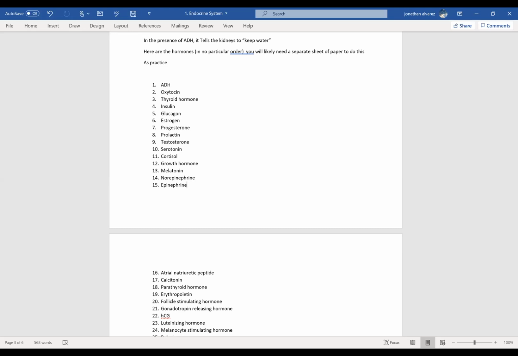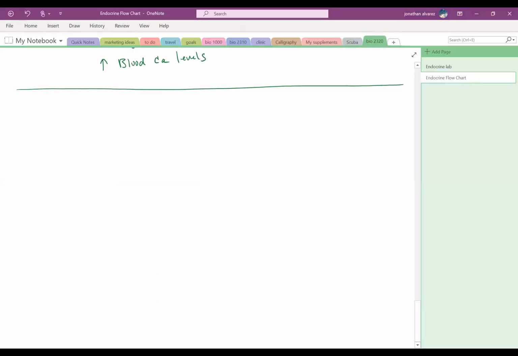I'll do ADH and oxytocin. The posterior pituitary releases ADH and oxytocin.